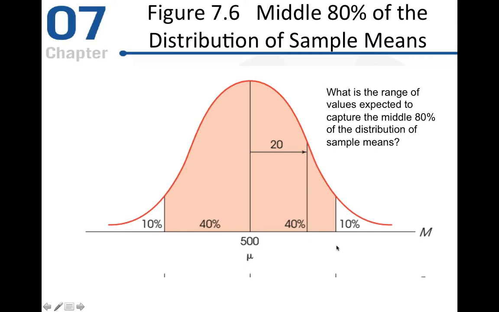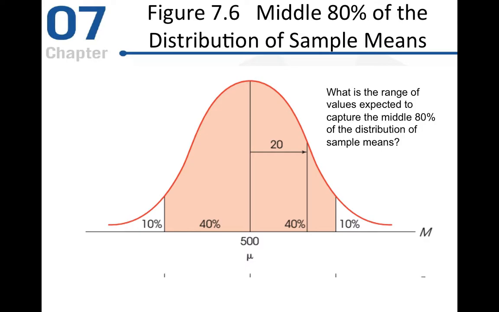So we're going to apply the same logic that we did before whenever we were asking what is this score and what is this score. Well, we know that this is 80%, so if we divide it in half, this is 40% and this is 40%, 10 and 10.